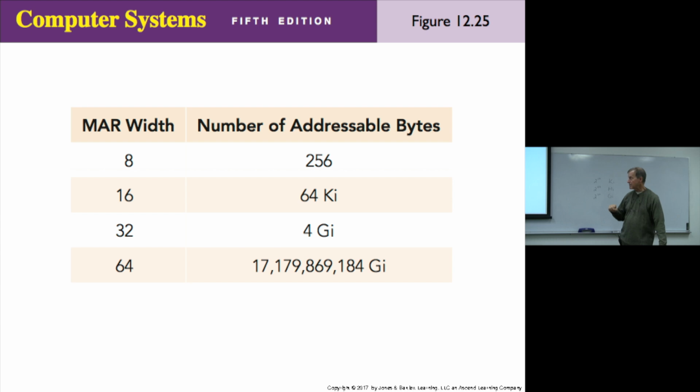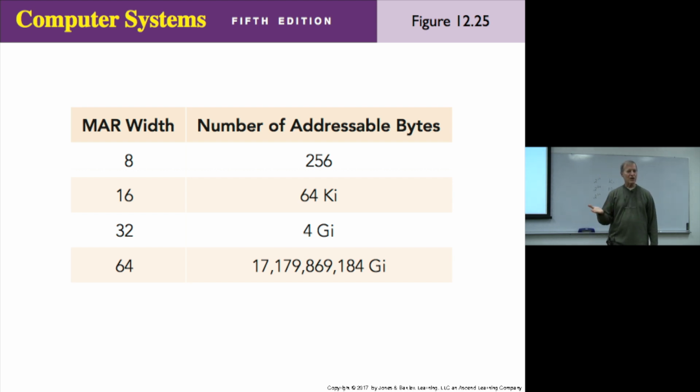That's the PEP8, PEP9. And then if the MAR width is 32, you can access 4 gigabytes, which we just calculated. But look, in a 64-bit chip, if you had all 64 lines, you could access 17 billion gigabytes.